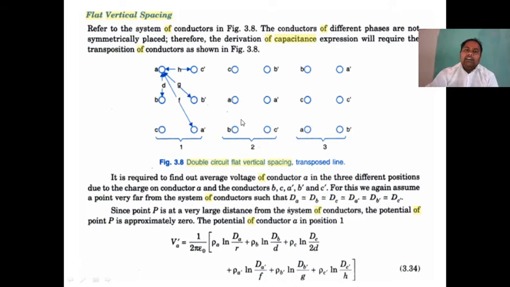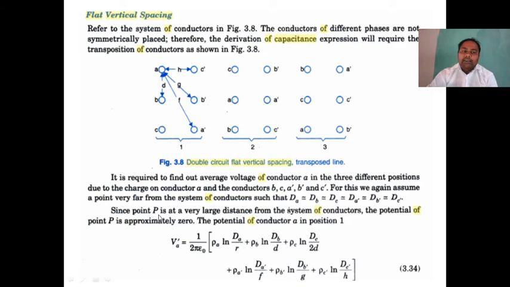So once again, I take one point P at some distance. From P to conductor A is dA, to conductor B dash is dB dash, to A dash is dA dash. So here we assume one condition: dA is approximately equal to dB, approximately equal to dC. That means from the point P, all the conductors have equal distance. We assume that.